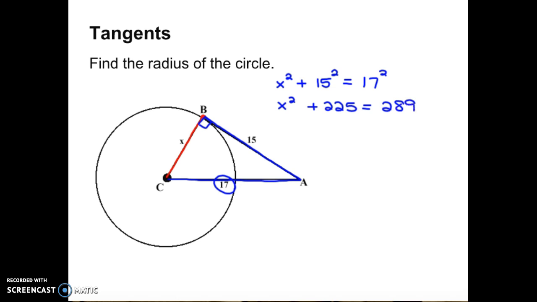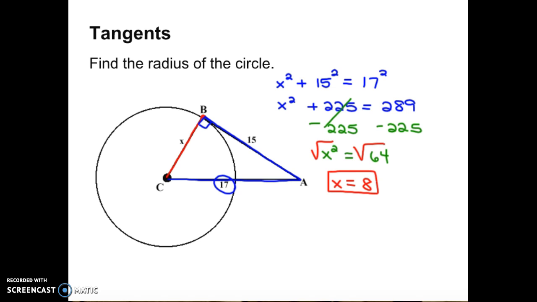So I'll subtract 225 on both sides. I figure out x squared equals, I believe, 64. So to get rid of the squared part, you take the square root of both sides, and you have x equals 8.